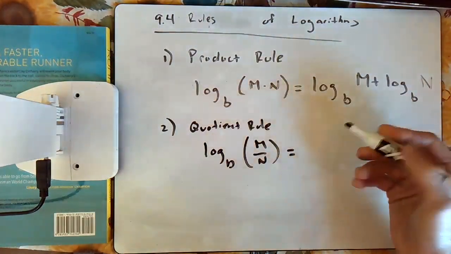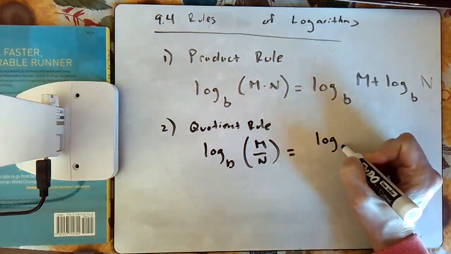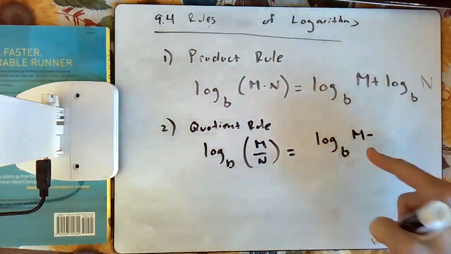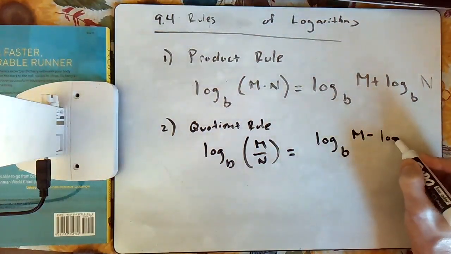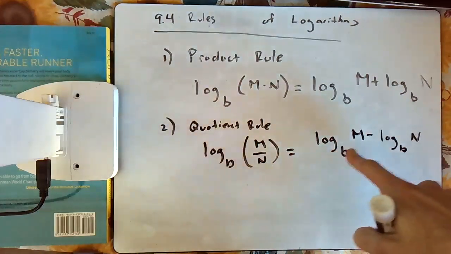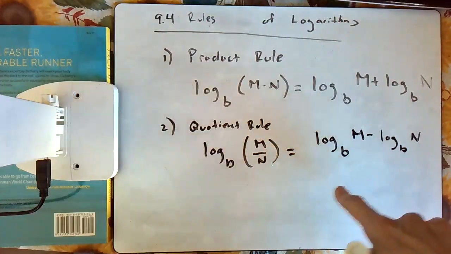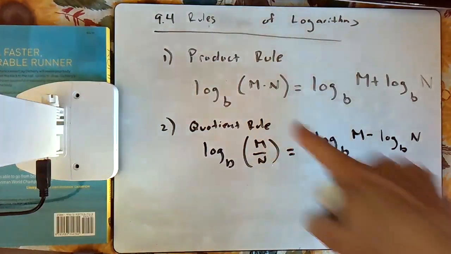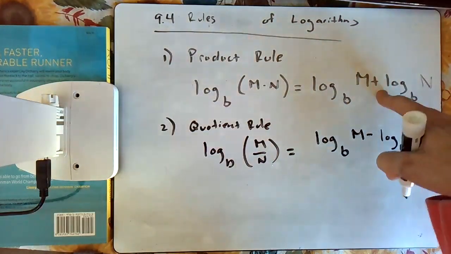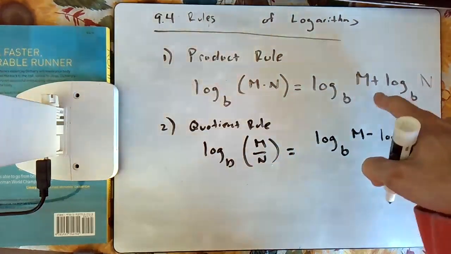For division, what do you think we would do? We'd probably subtract. If you thought that, then you'd be correct. Now, very important, it's log of the top, the numerator, minus the log of the bottom. The order definitely matters for the quotient rule because we're doing log of the top minus log of the bottom. 3 minus 2 is not the same thing as 2 minus 3, correct? For the product, if you mess up the order, it is okay because it's addition, but usually you want to say log of the first plus log of the second.